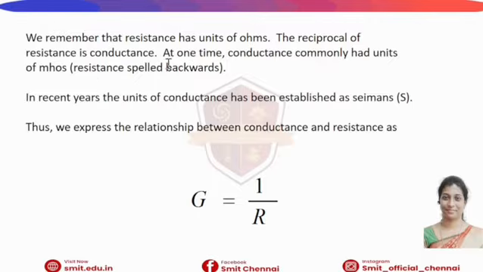Earlier, the unit of conductance was mho. High resistance means low conductance, and low resistance means high conductance. That is the meaning of the reciprocal: G equals 1 by R, where G is the conductance.